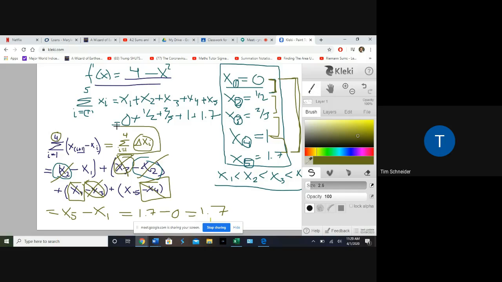All right, so that's what that looks like. You probably will see this a little bit differently. Yes, we're going to get there.